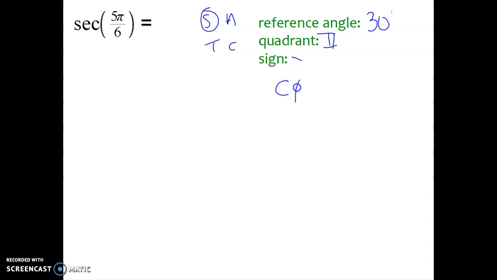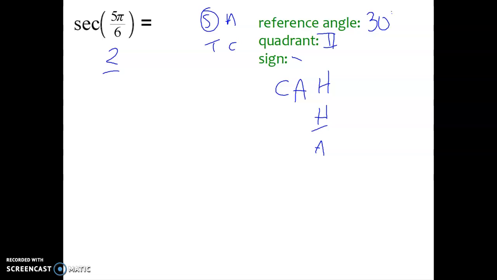We know that cosine is adjacent over hypotenuse, and secant is the reciprocal of cosine, so it's going to be hypotenuse over adjacent. For 30 degrees, what is the hypotenuse? It's 2. It doesn't matter which angle you're looking at. The hypotenuse of this triangle is always 2. Now let's look at the adjacent. Adjacent means next to, but not the hypotenuse.